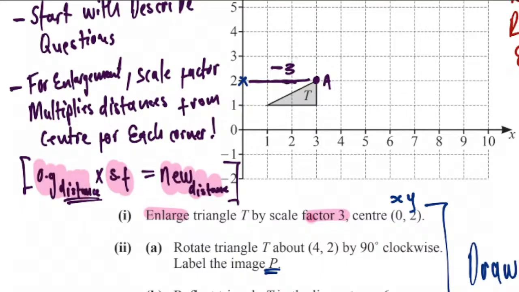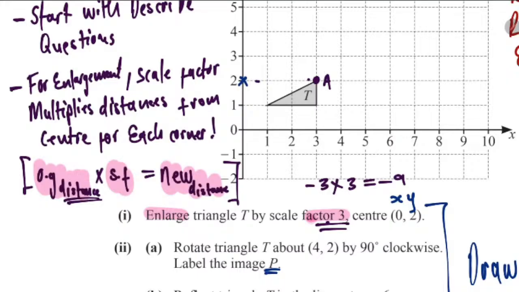That distance here is -3. When you find that distance, multiply it by the scale factor. Your scale factor is 3. So what is -3 times 3? You get -9. So the new one is going to be -9 if we talk about it in steps.